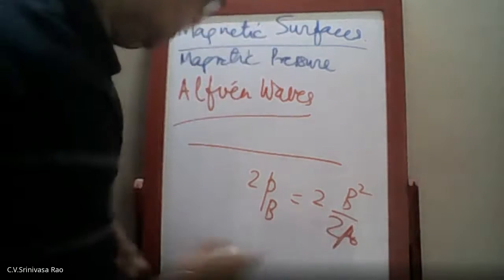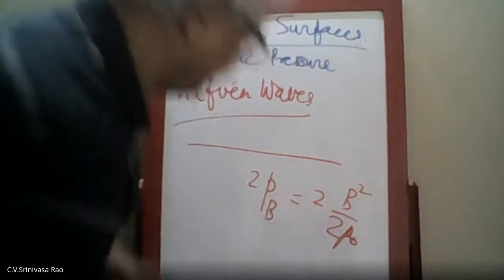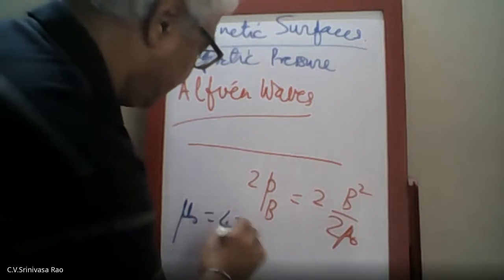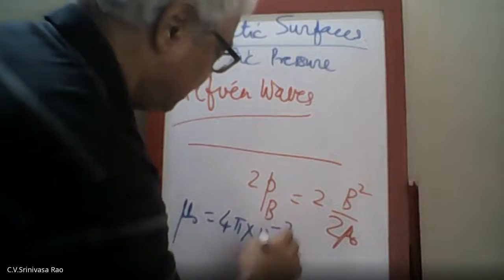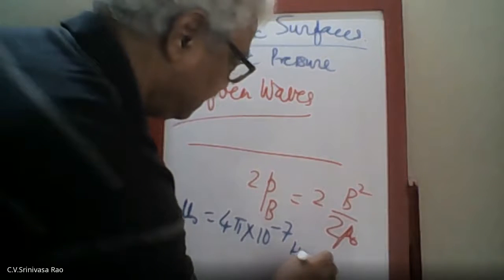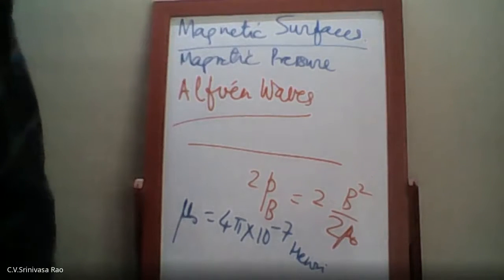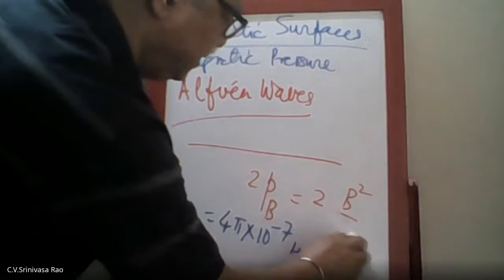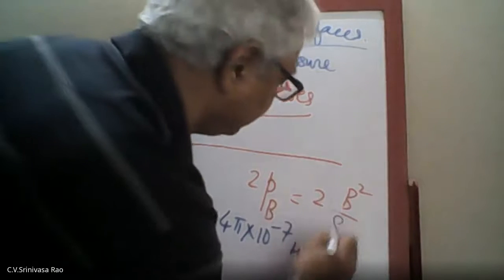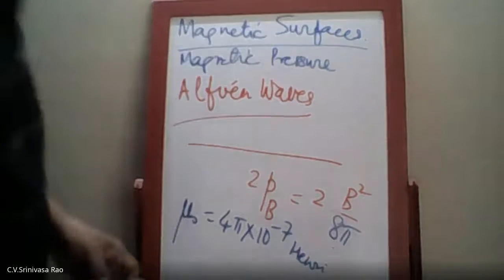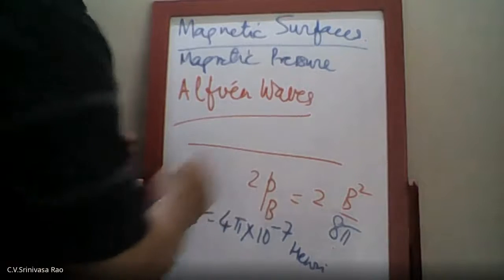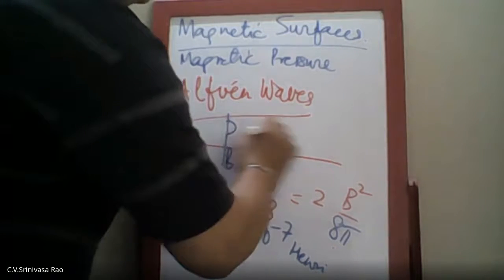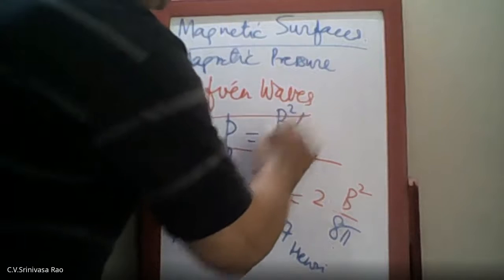What is mu naught? Mu naught is 4 pi times 10 to the minus 7 Henry per meter, if you remember. So you can as well write it as 8 pi. So basically, magnetic pressure is B squared by 8 pi.